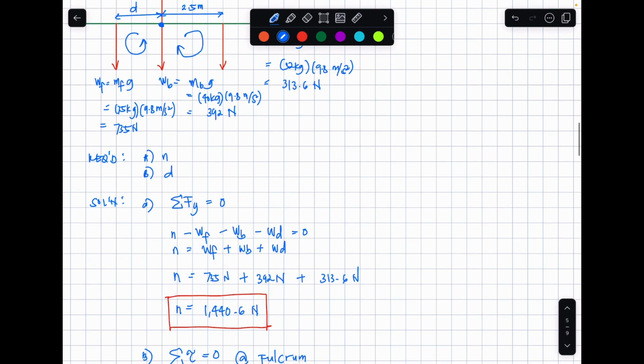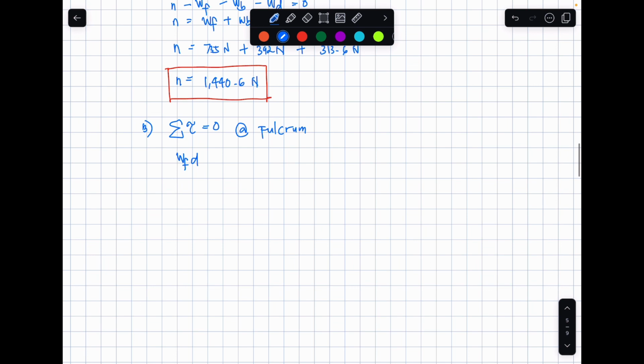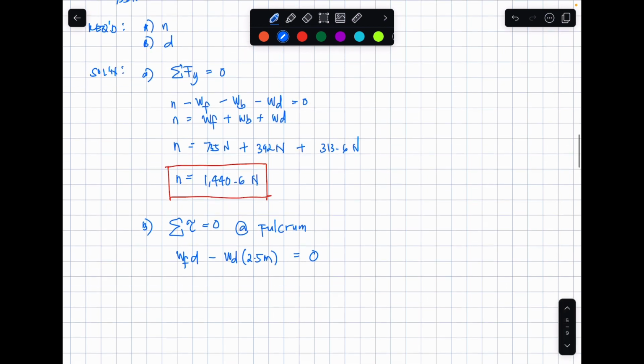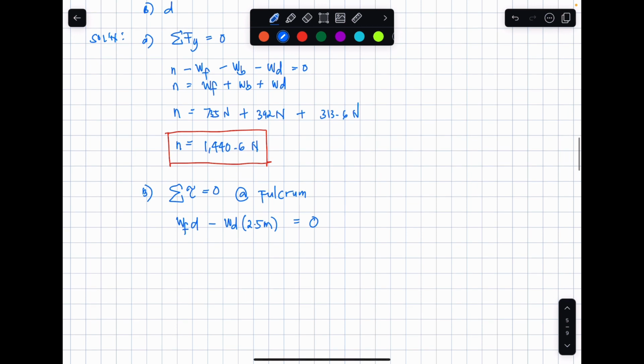And since that is counterclockwise, that makes it positive, and then minus the weight of the daughter multiplied with the distance, which is 2.5 meters. And since that's the summation of the torque, that would be equal to 0. And then we are given the weight of the father to be 735 Newtons.